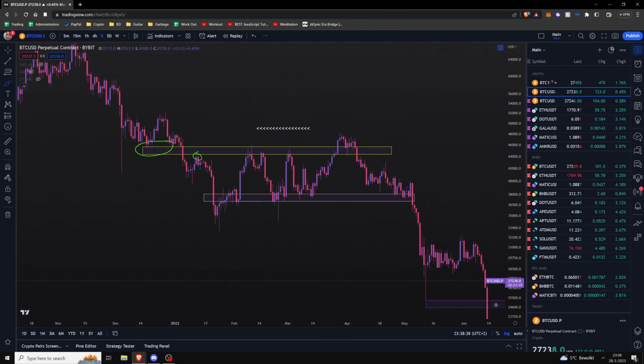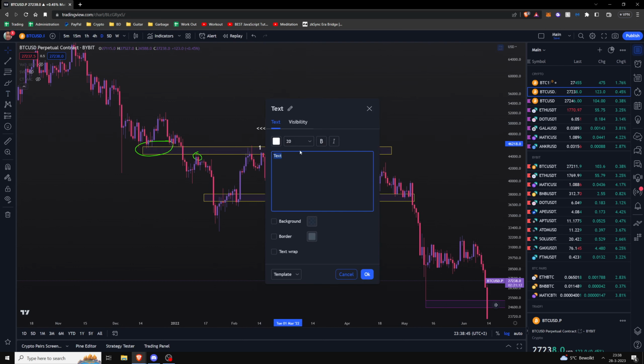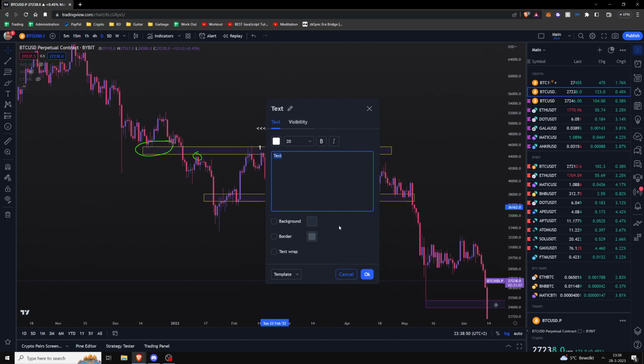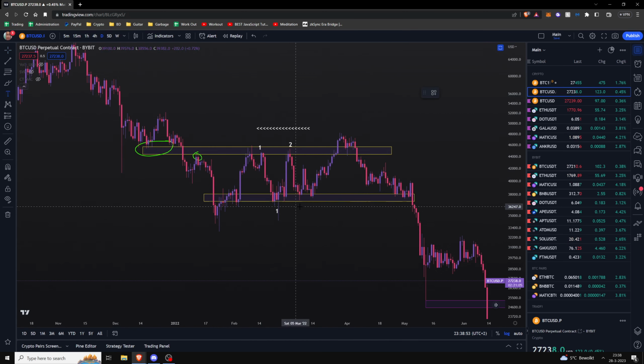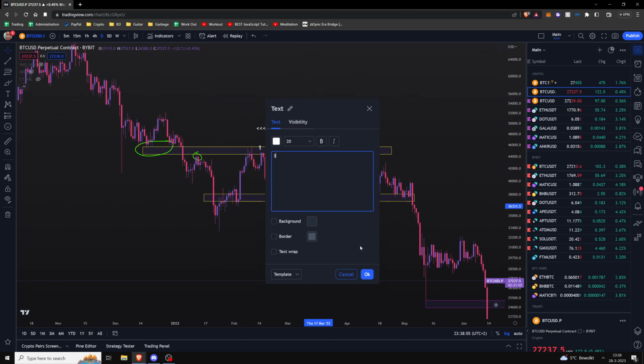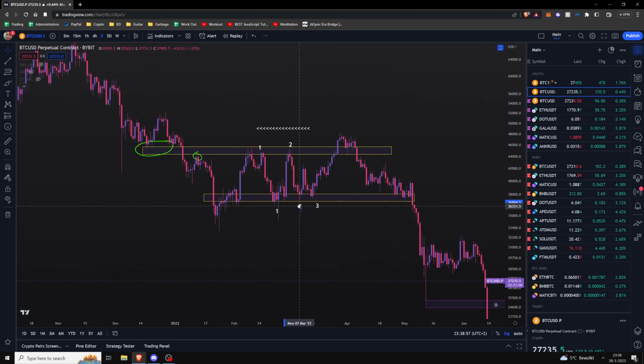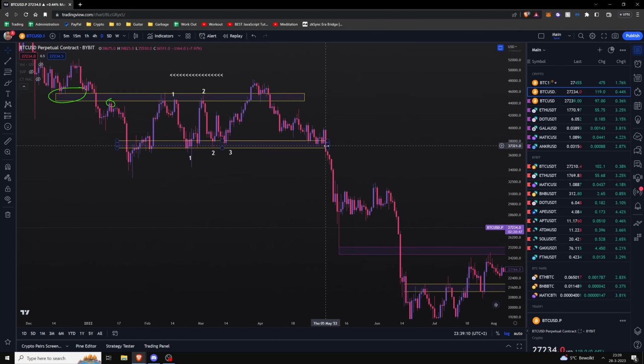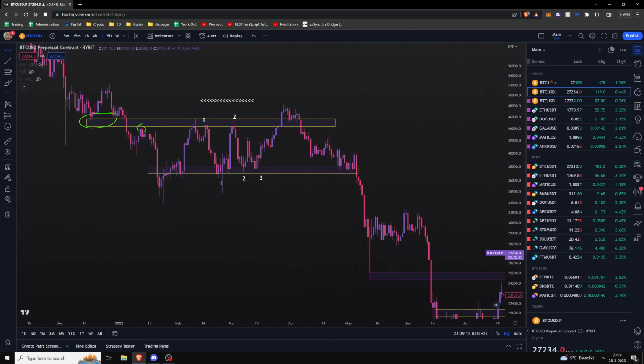This basically means that we had two touches of resistance, and 1, 2, and 3 touches of support. If we're being generous here, we had 5 setups, like 5 trades there basically, within that range before we had that one breakout.